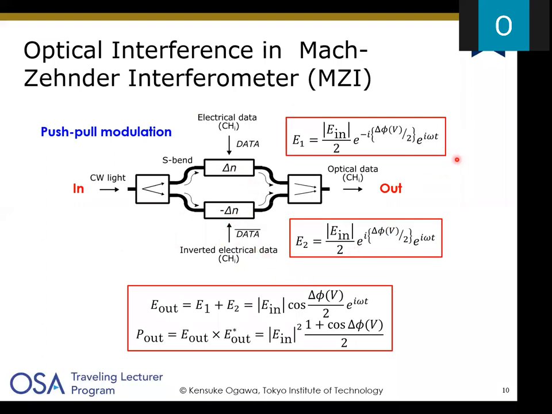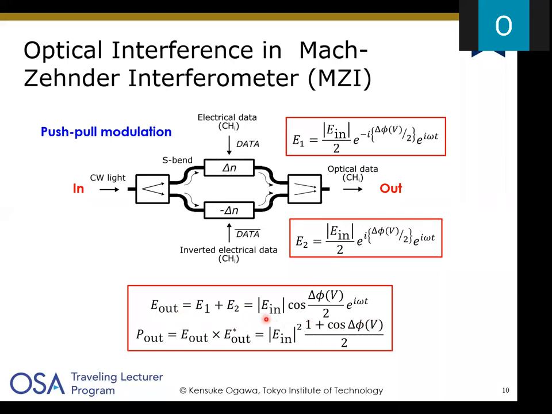In one arm, the electric field of the optical signal is represented in this scheme, and in the other one the phase is just inverted. If you combine these two optical signals with a 1/2 optical coupler, you have the output electric field like this.